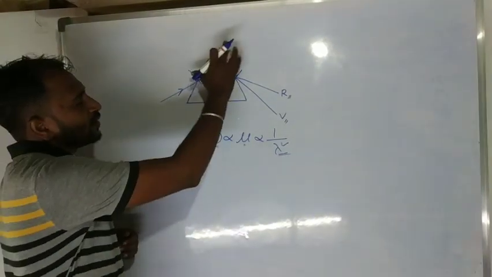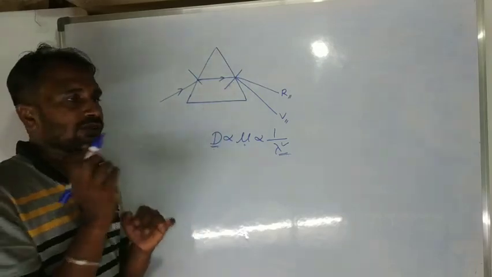Our next concept. Suppose a prism has a particular refractive index.